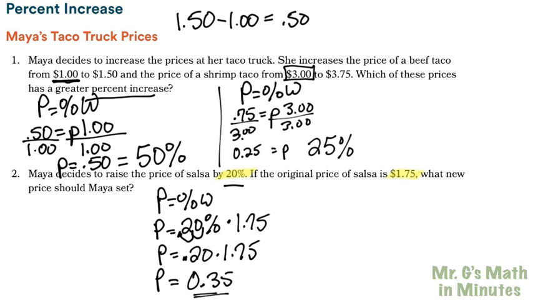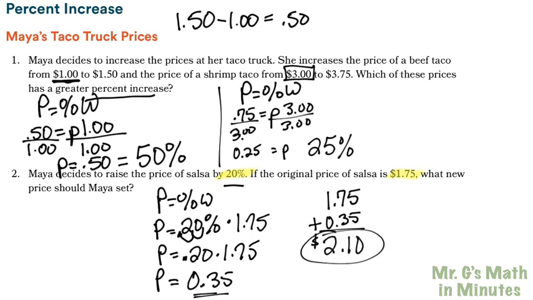So this is the increase, not the actual new price. So if she's increasing it from $1.75 and she's going up 35 cents, you can see that the new price is going to be $2.10 for salsa. So she went from $1.75 to the new price of $2.10.